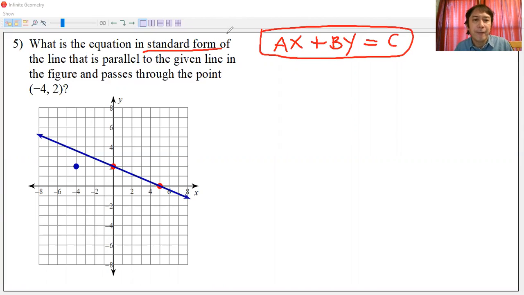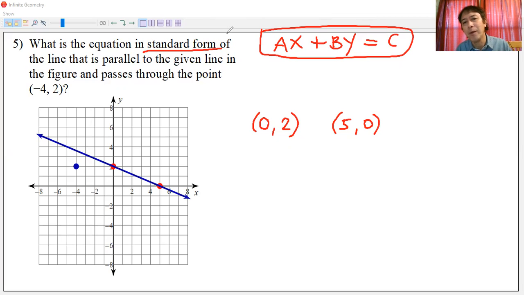All right. So we shall begin with the slope. By inspection, we have a point at 0, 2. We have another point at 5, 0. We can use these 2 points to compute for the slope. For a while, we're going to label these 2 points x1, y1, x2, y2, because those are the labels for the slope formula.